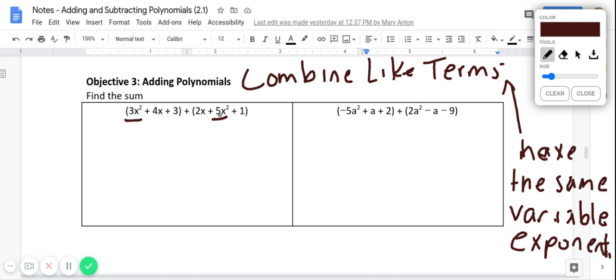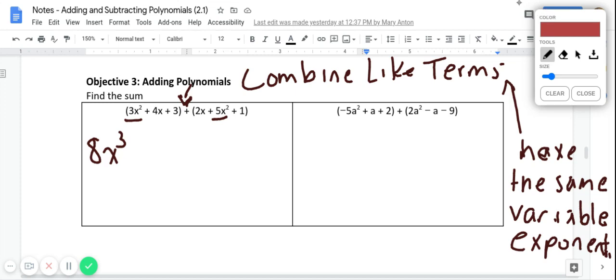Over here we have 5 groups of x squared. So how many total groups do we have of x squared? We have 8. So we have 8 groups of x squared because we're adding them. We're adding these guys.